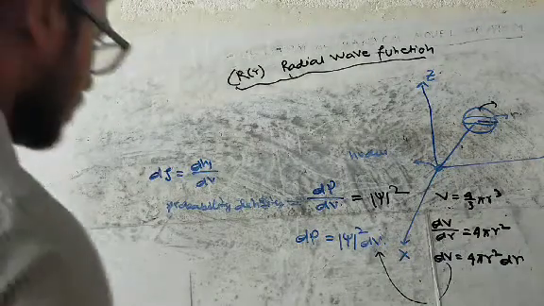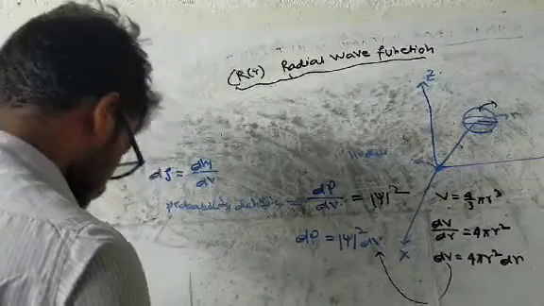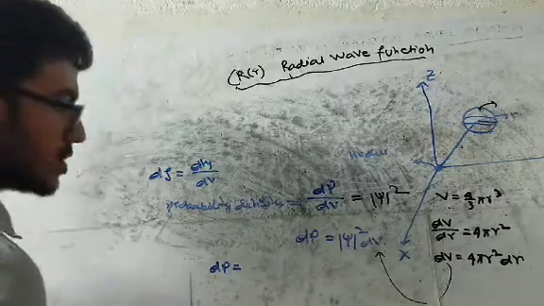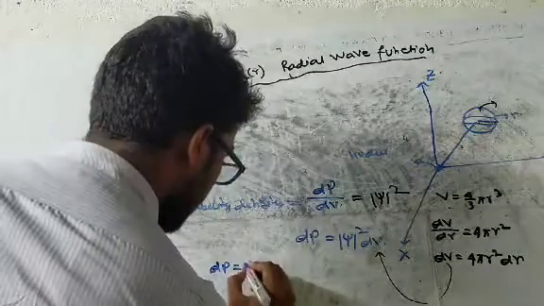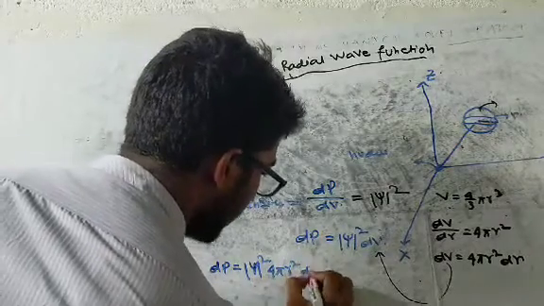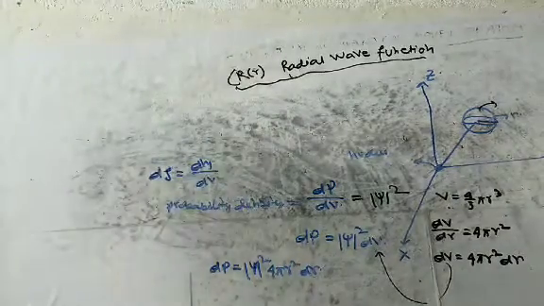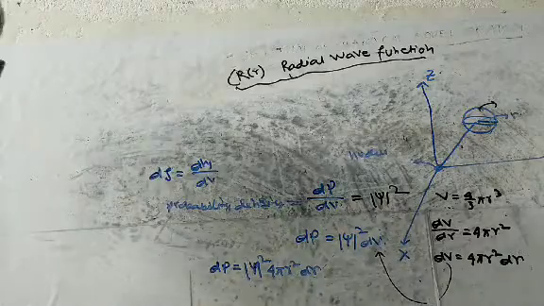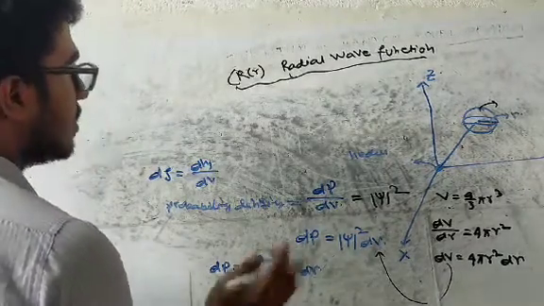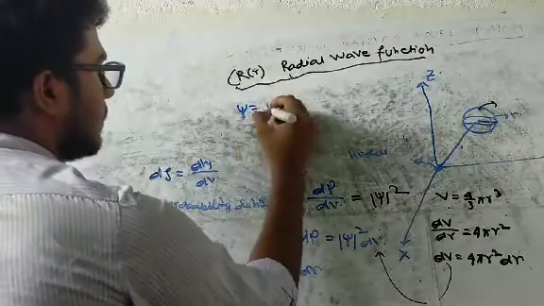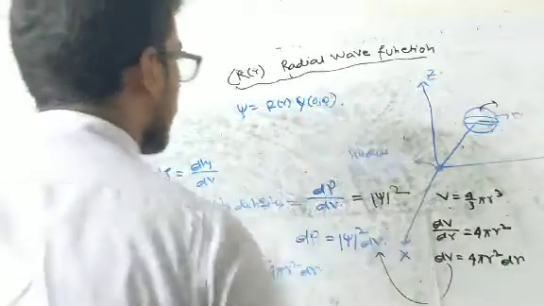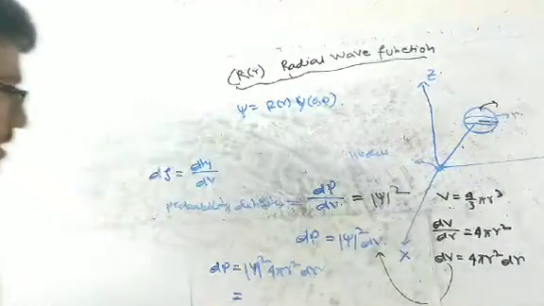So I can write dP equals psi square 4 pi r square dr. Now this psi is made up of two parts, R of r and theta phi.